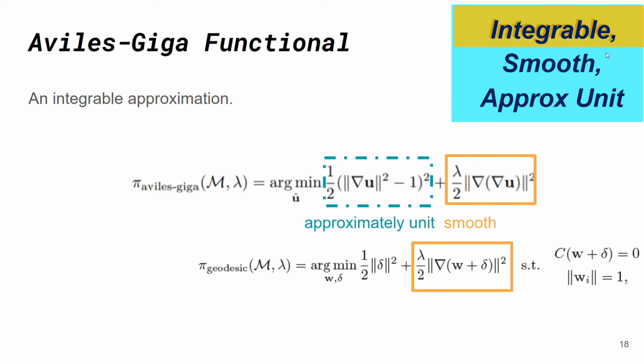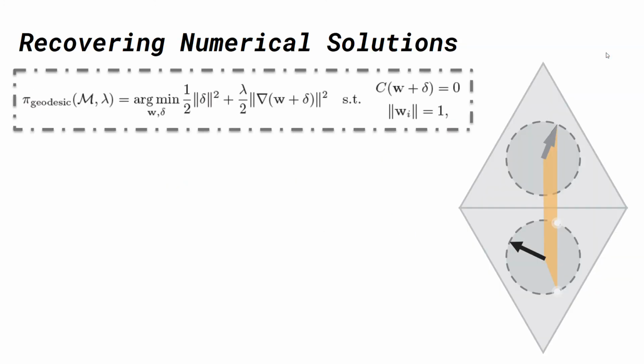You still have this smoothness term, and you also have this approximate unit term, although this is formulated slightly differently. And what we're about to show is that there's an efficient numerical technique for finding minimizers of this latter form. So how do you find minimizers of this otherwise non-convex system?